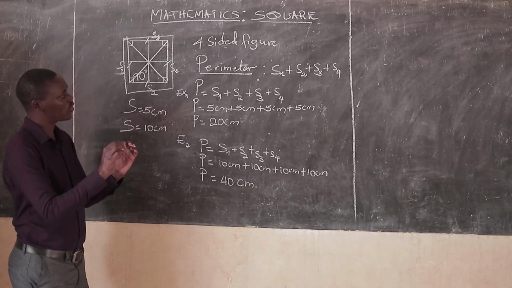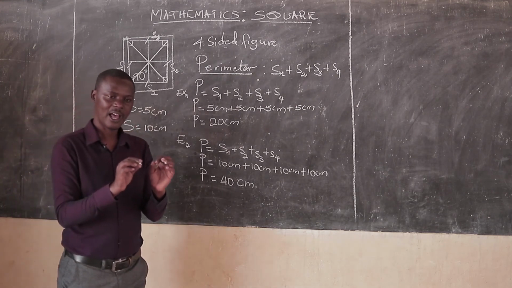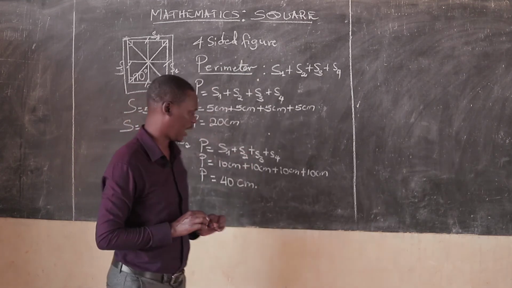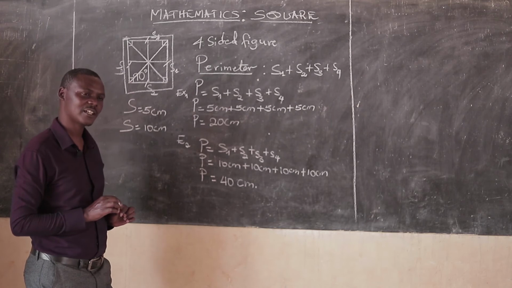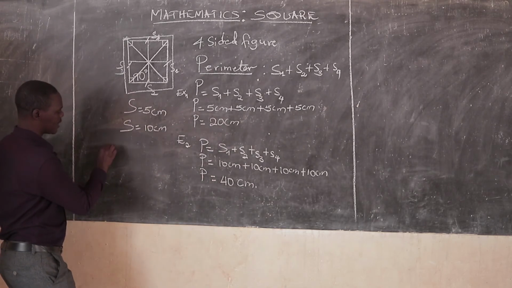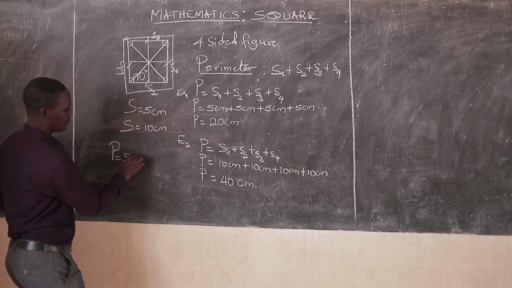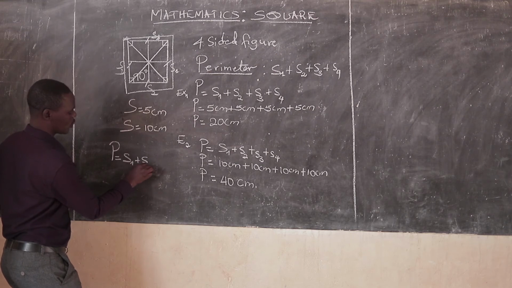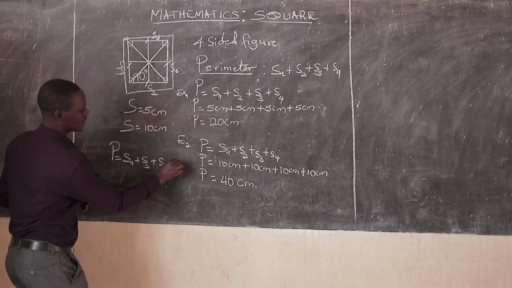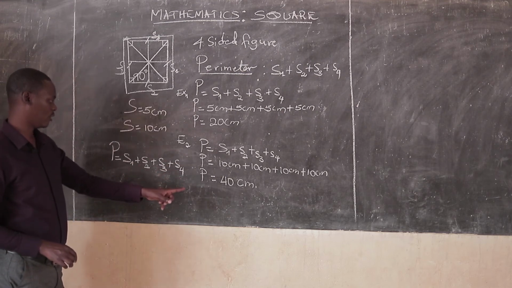Now we can change or simplify and write our formula in a short way. Which is that short form now? Our perimeter, which was side 1 plus side 2 plus side 3 plus side 4, you can see this is too long to write.